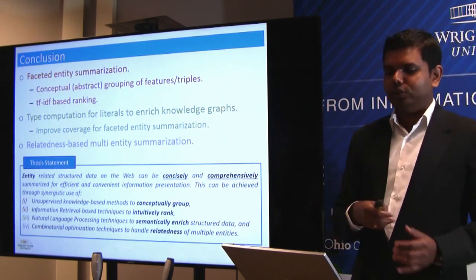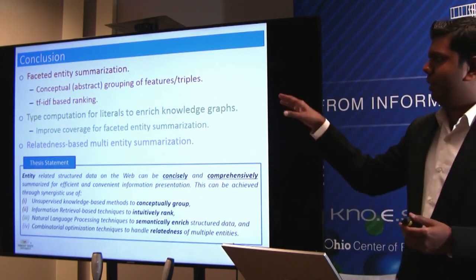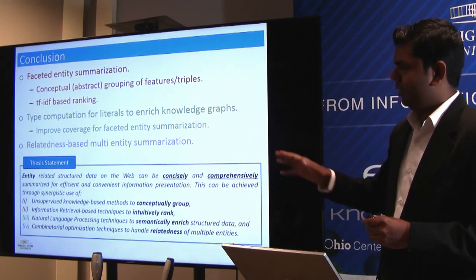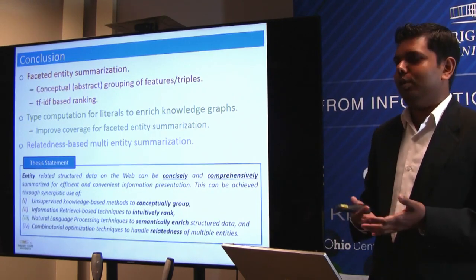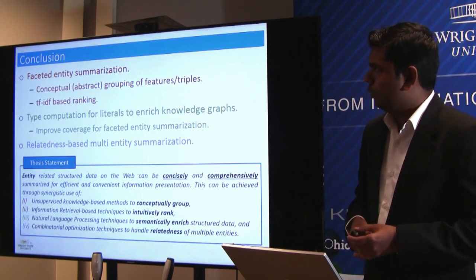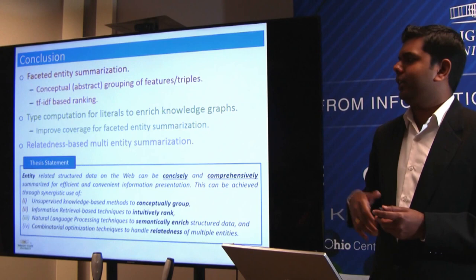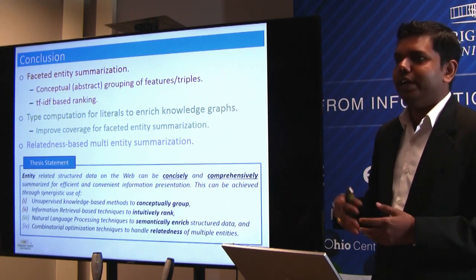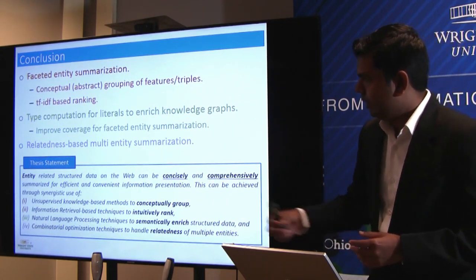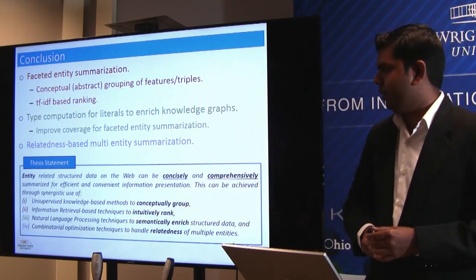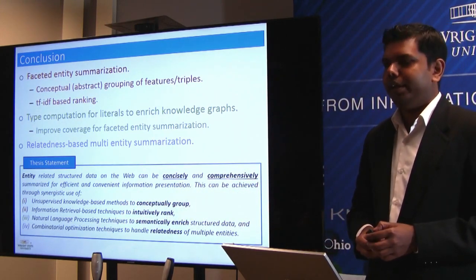So putting all these things together, the different colored points relate to different sections of my claim about the thesis. First, we did the work for object type properties, and then we did single entity summarization. These items are marked the same color, so we do a conceptual grouping and ranking mechanism.